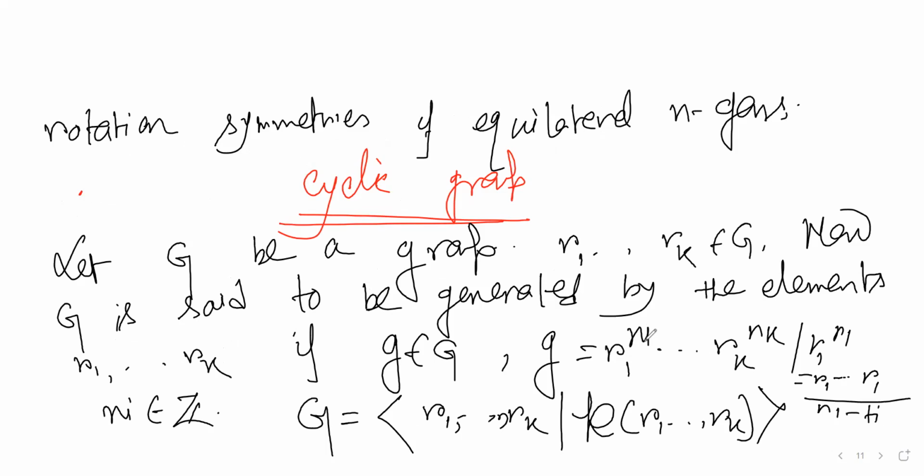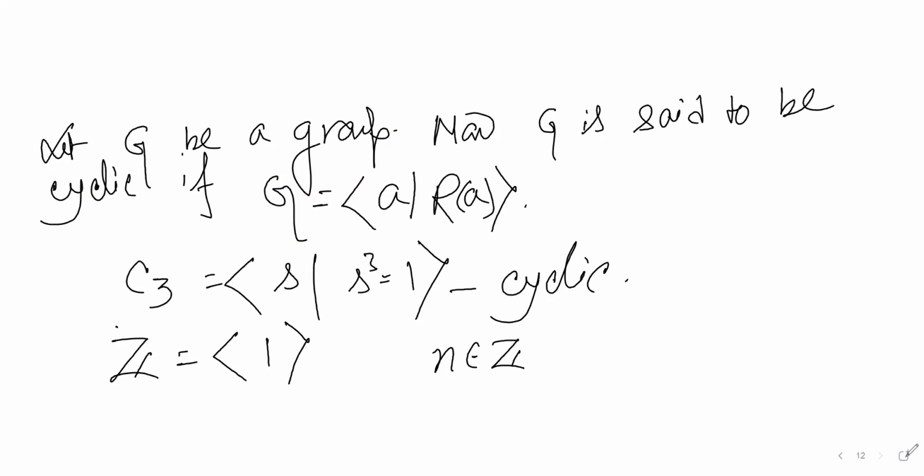So Z with respect to plus is a group, right? So I have to consider the plus operation here. So I will take 1 plus 1 plus 1, n times, I will get n. So Z is generated by 1.